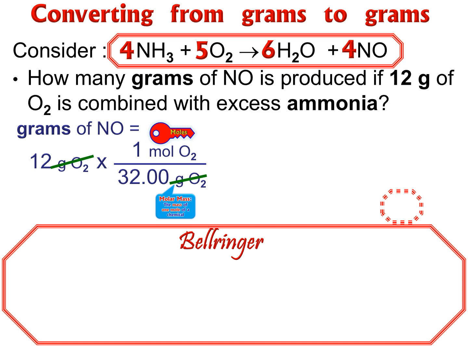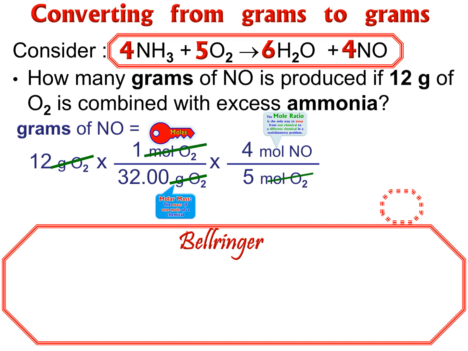On the top. So what's the number that comes along with the oxygen for the bottom? It's a 5. What's the number that comes along with the NO? That goes on the top. That's a 4. Look at the equation at the top. Boom. That is the mole ratio that I'm using in this equation. And then what's going to cancel? Moles of oxygen. So now I've got the moles of the correct chemical.